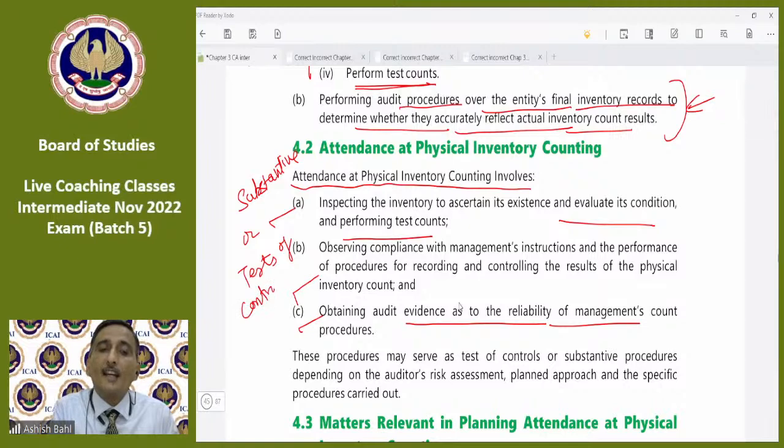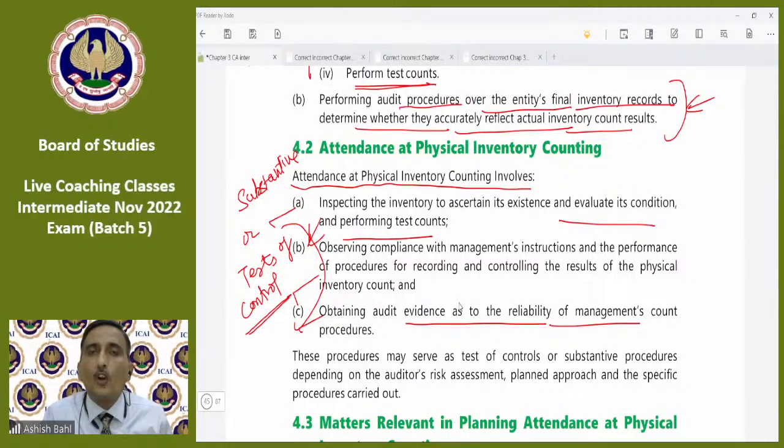Say the auditor might use this as a test of controls, whether controls deployed by the management on inventories are working or not, or he may do it for actual checking as part of his substantive procedure to detect risk of material misstatement, to verify the assertion of existence. Okay.